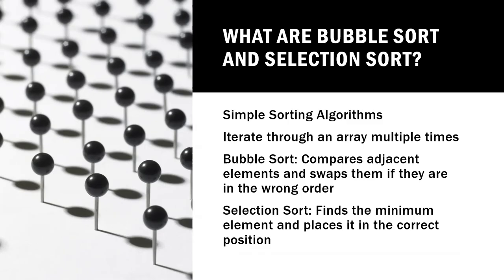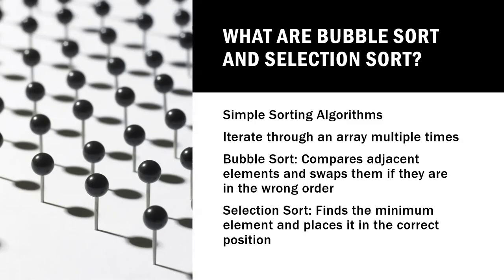What our sorting algorithms do is they go through an array over and over again, and every time they go through it, they can only move one or two values. They can't do a whole lot each pass. But if they go through it over and over again, then eventually they can sort the values.